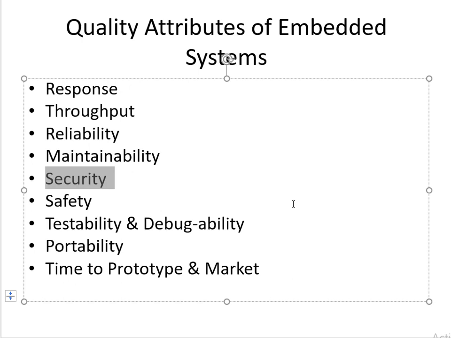Confidentiality deals with protection of data and application from unauthorized disclosure. Integrity deals with the protection of data and application from unauthorized modification, and availability deals with protection of data and application from unauthorized users.